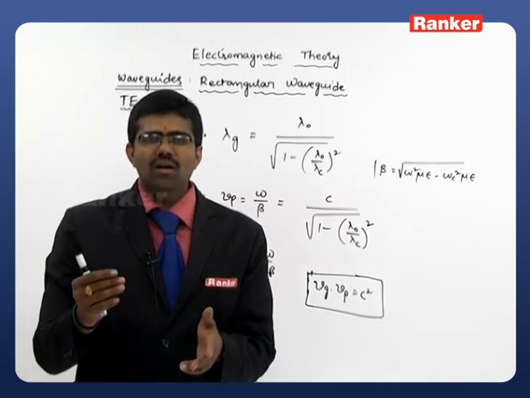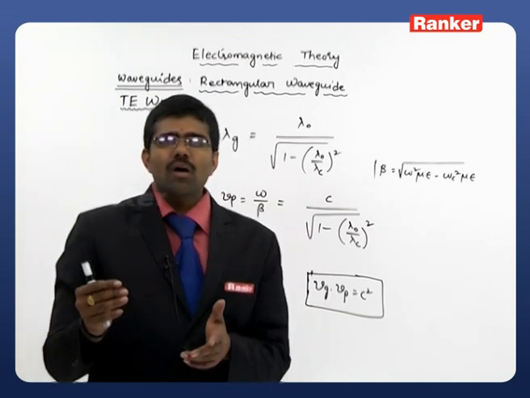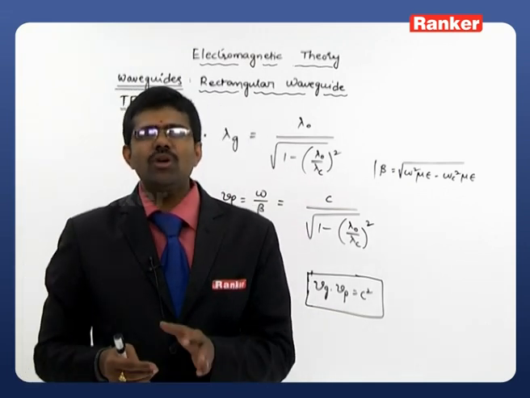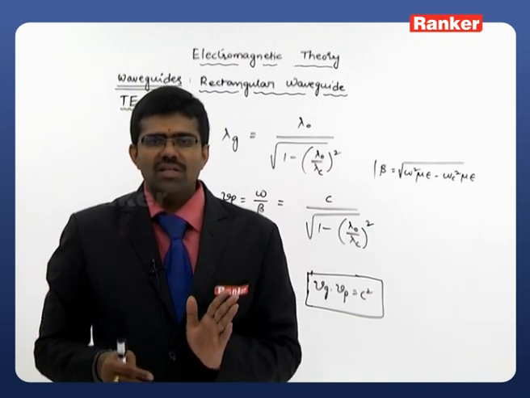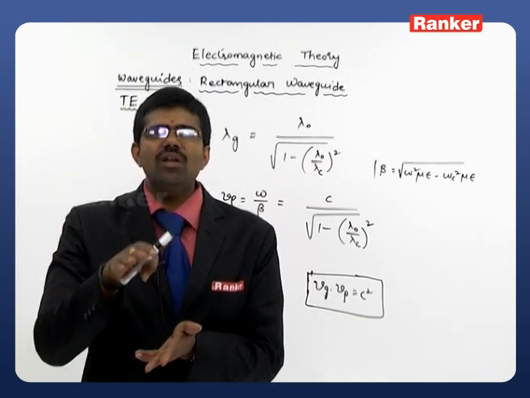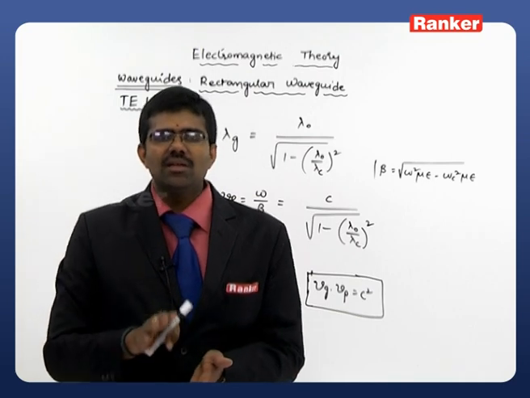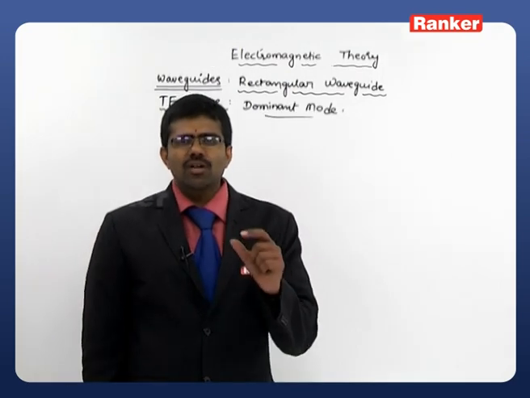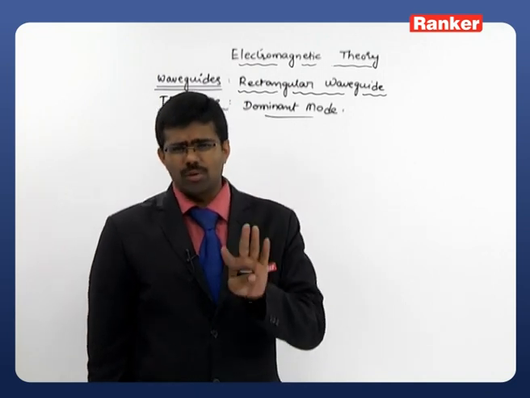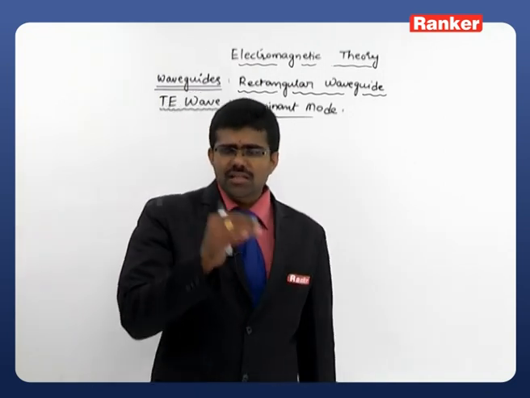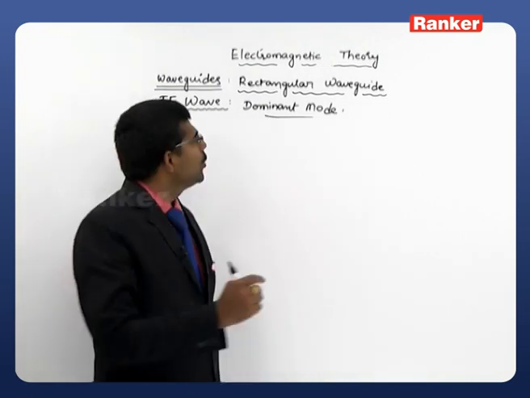Before that, observe what the dominant mode is. A dominant mode is nothing but a mode which has the least cutoff frequency, that is, the cutoff frequency for that particular mode is very low. Remember that one. So the dominant mode has the least cutoff frequency or the highest cutoff wavelength also. Whatever it may be, you can consider. Least cutoff frequency corresponds to highest cutoff wavelength.